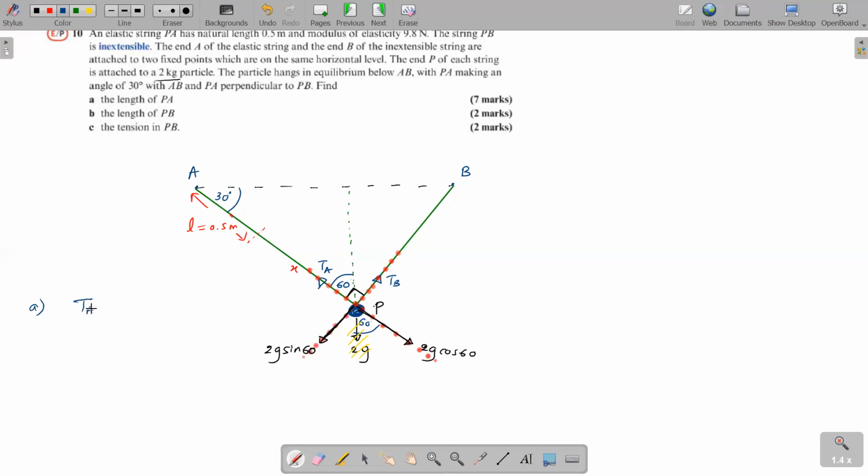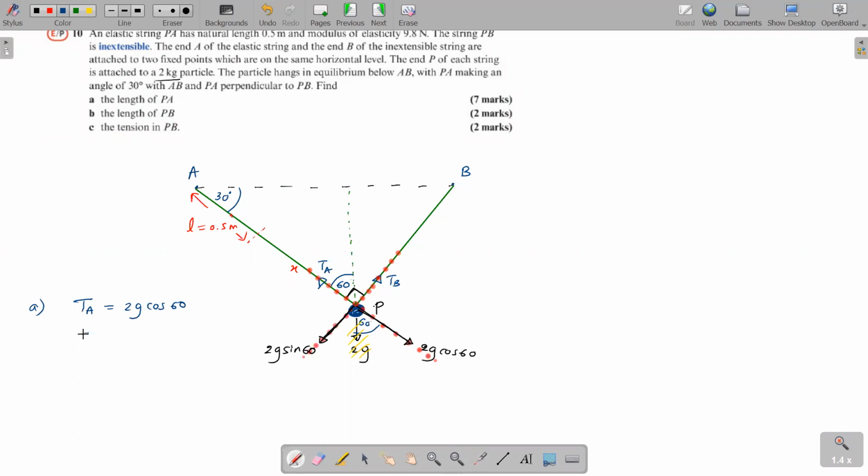Tension A is directly in balance with 2G cos 60. Tension A is directly equal to 2G cos 60. And tension B is directly equal to 2G sin 60, but that we will not write, that we will write in part C. So you can see now I can get tension A without any interference from tension B.